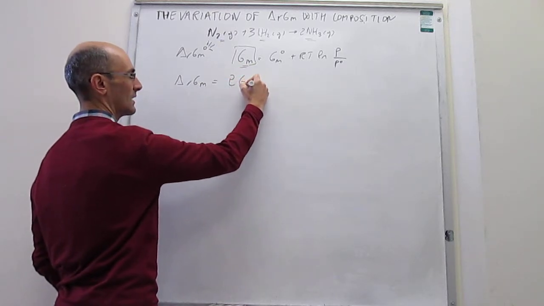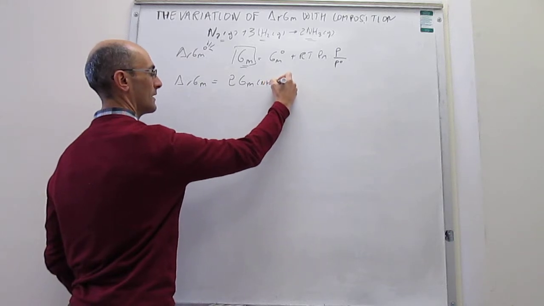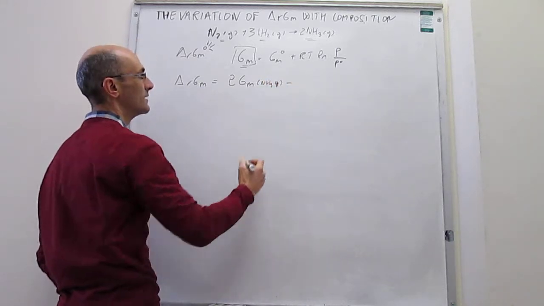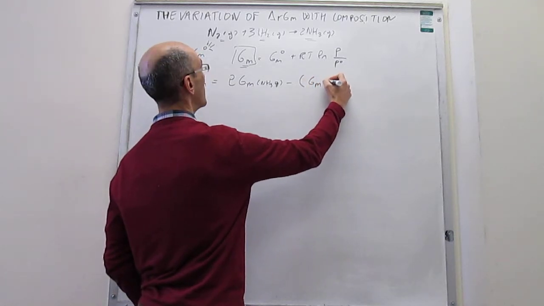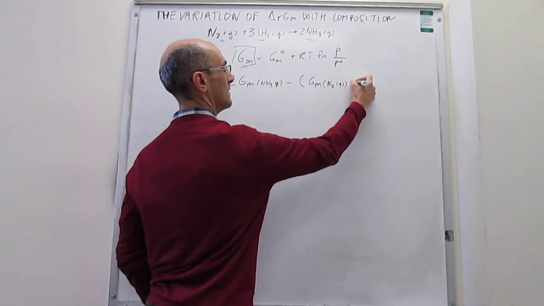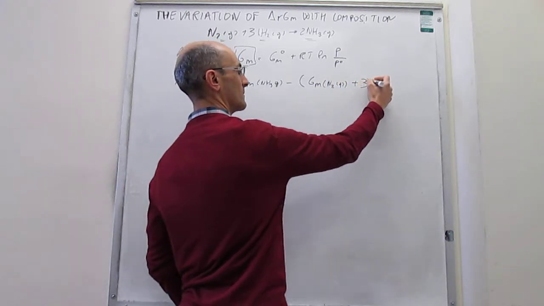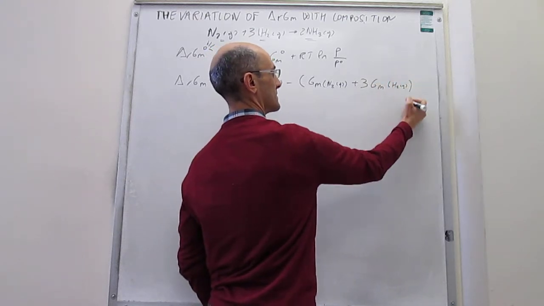That would be 2 times the molar Gibbs energy of ammonia gas, minus the Gibbs energy of reagents, which will be the molar Gibbs energy of nitrogen, which is a gas, plus 3 times the molar Gibbs energy of the other reagent, which is hydrogen, a gas.